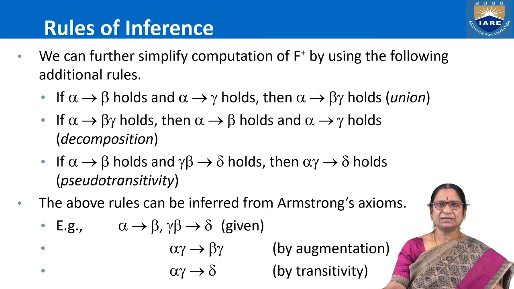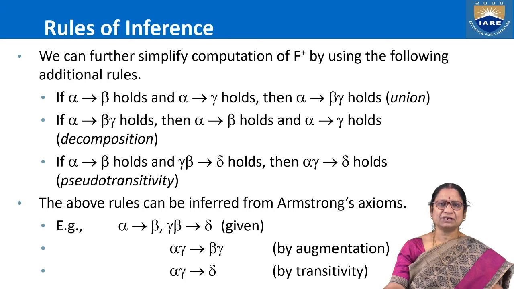So we can apply these 3 rules and additional 3 rules are derived so that the sequence of applying the same rule time to time can be avoided. Based upon these base rules, 3 more rules are derived: union rule, decomposition rule, pseudo-transitivity rule.